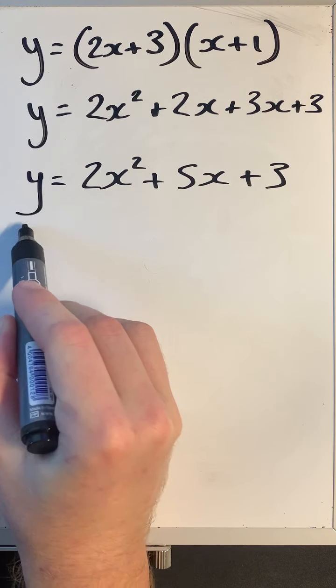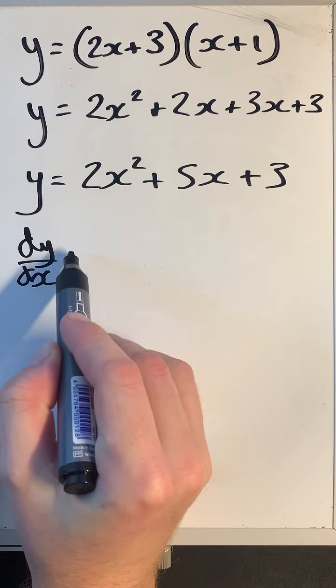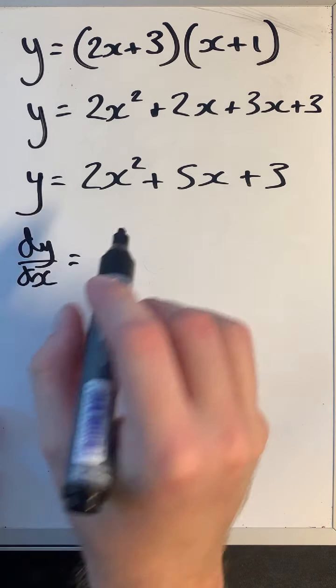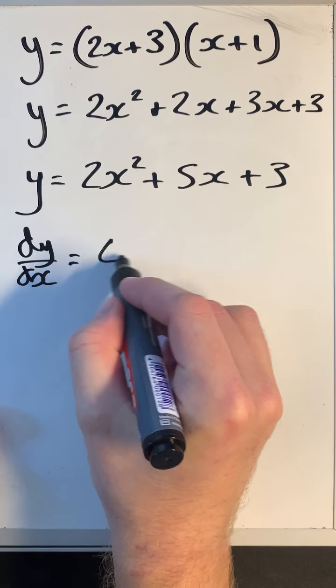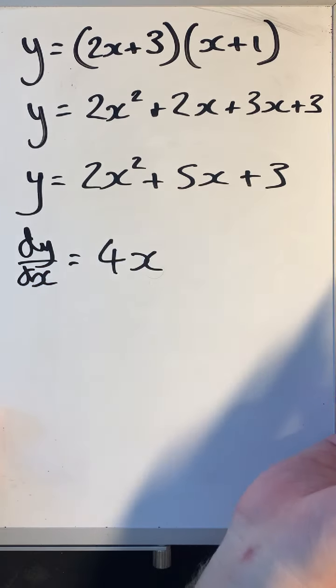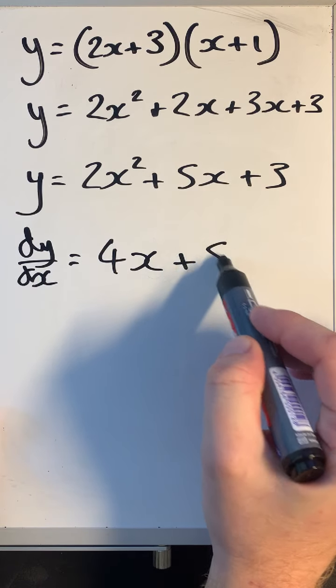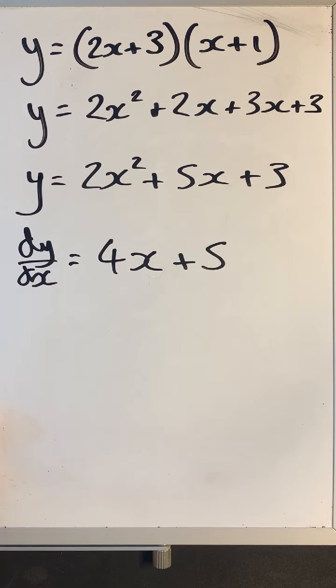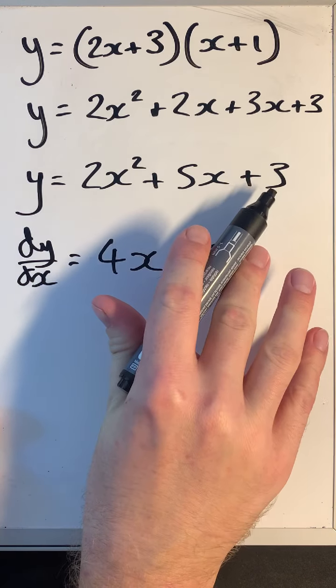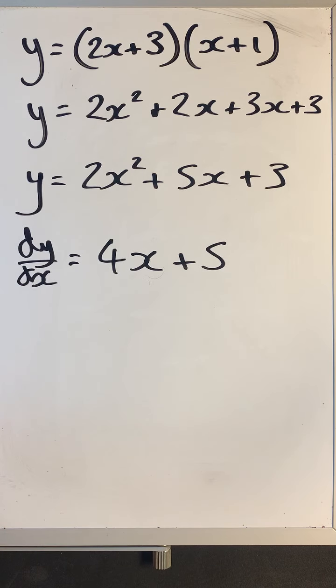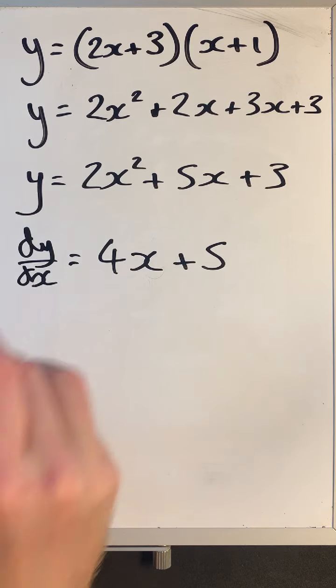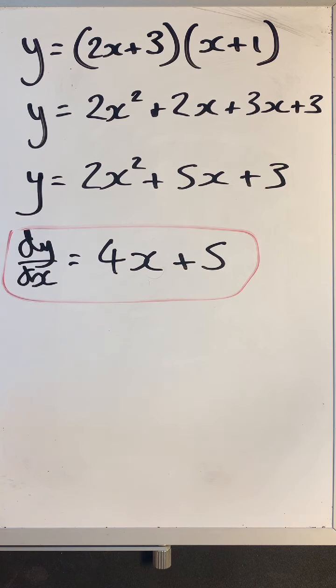Okay, so dy dx is equal to, bring the power down, 4x to the power 1 plus, remember if you've just got a number times x, you end up with just the number. And the derivative of a constant is equal to 0.